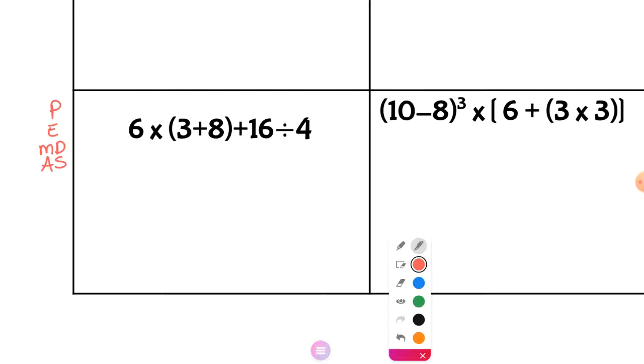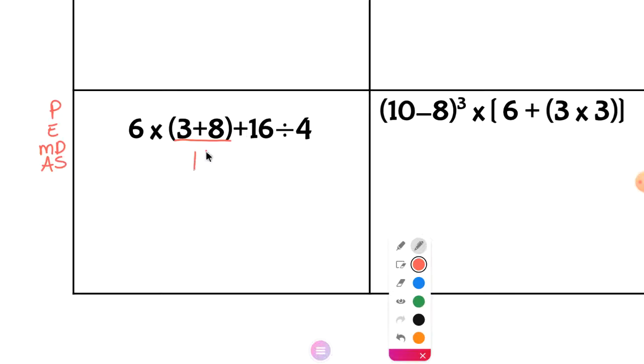Colby, what am I going to do first? What does the P stand for? Because I always go through my checklist. Parentheses, do I have any? Okay, so we're going to underline the 3 plus 8. Ty, what's 3 plus 8? 11.